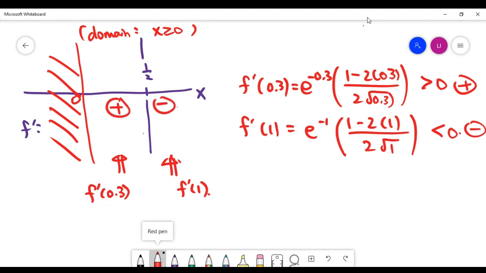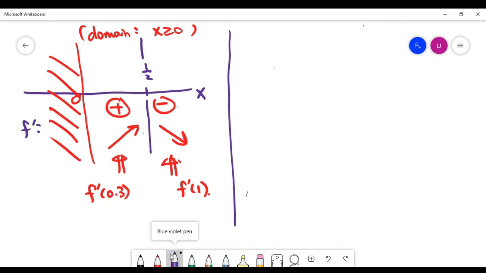Positive f prime means we can draw an arrow representing an increasing tangent, going up, and the downward arrow represents that the tangent direction is going down. With this sign table, we can write the answer to this problem. To this problem, we don't have any local minimum, but we have one local maximum. Because around the point 1 over 2, the function is increasing first and then decreasing, right?